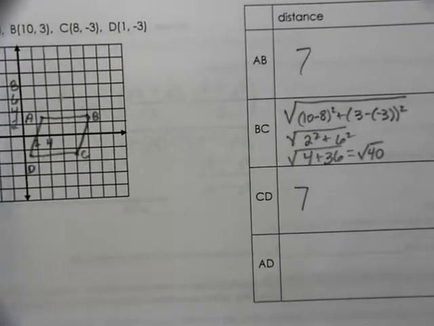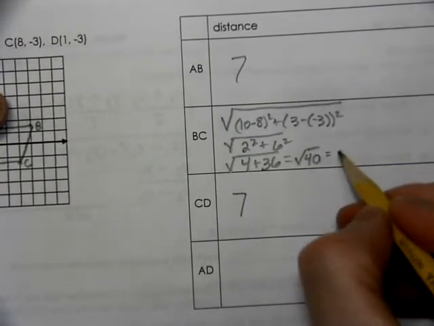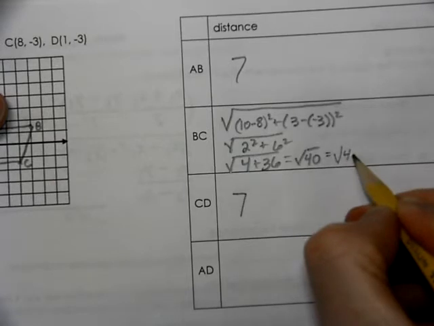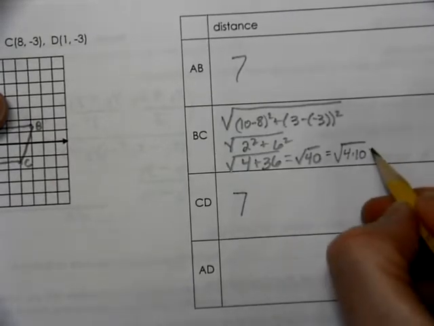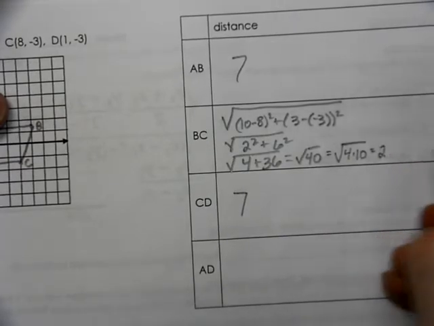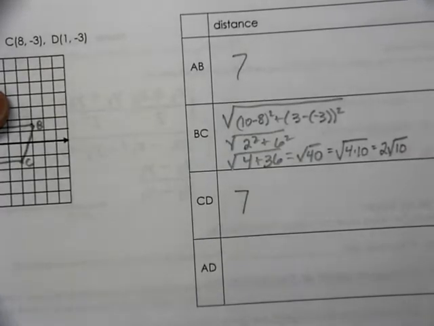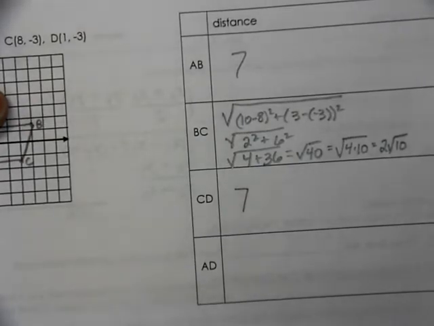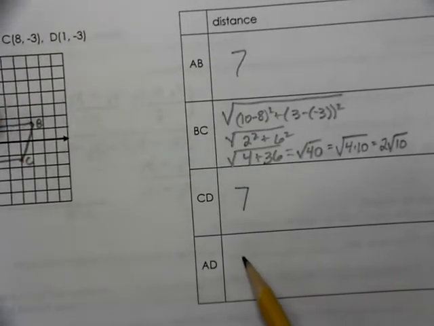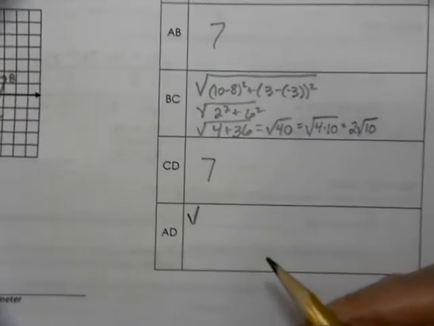Well, you could break down the square root of 40. 2 times 20, 4 times 10. What's good about 4 times 10 is you know the square root of 4. It's exactly 2. 10 can be broken down into 2 times 5, but there's no perfect squares of that. Nothing else can be broken down. So 2 square root 10 would be our best option. And a very similar answer over here with AD.